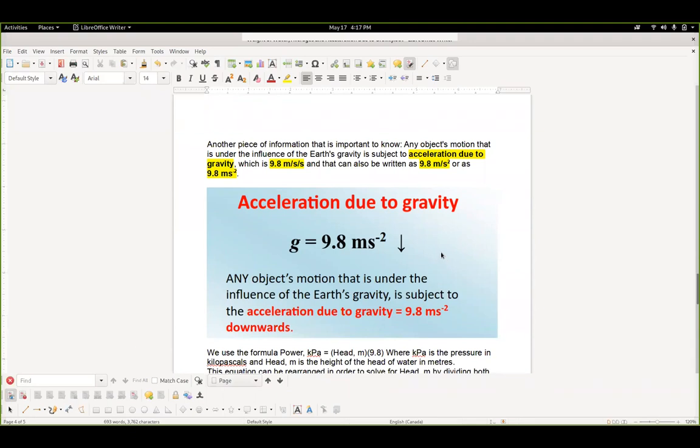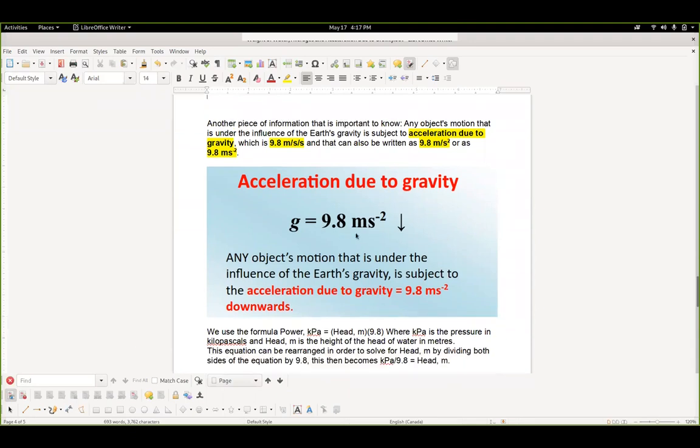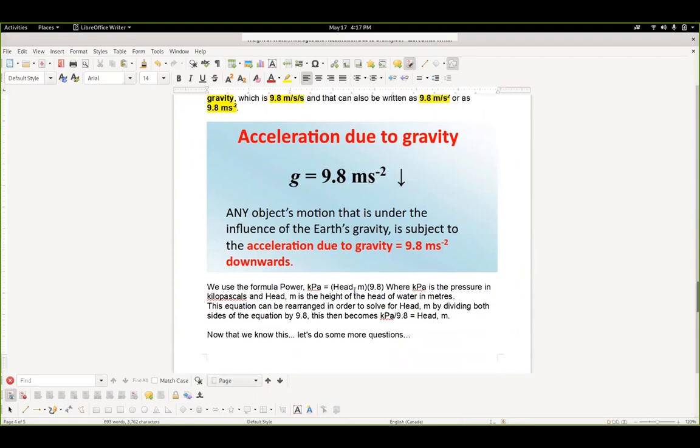So gravity is 9.8 meters second to the -2, and absolutely any object's motion, which obviously includes water, that is under the influence of the Earth's gravity is subject to acceleration due to gravity, 9.8 meters times second to the -2 downwards.